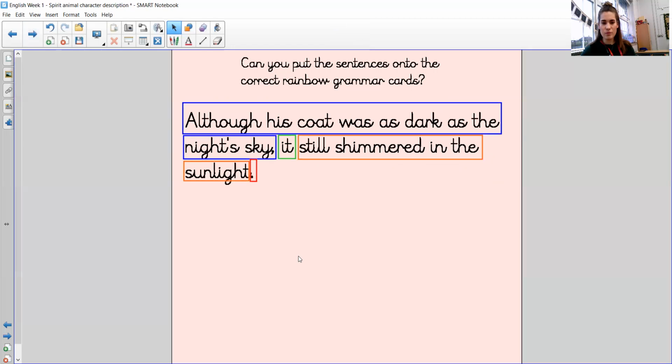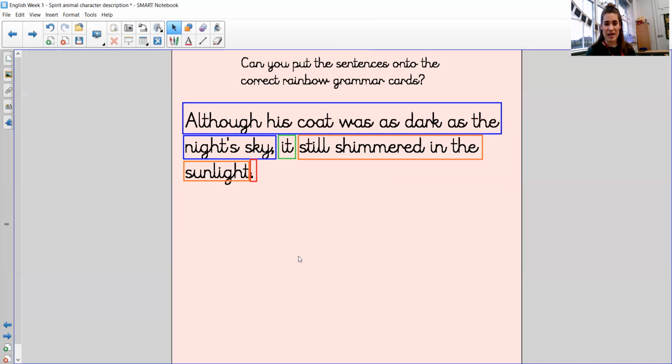Finally then, this one was a bit trickier because this time our subordinate clause was at the beginning of our sentence. Actually, you might find that it's easier to write a subordinate clause at the beginning of a sentence. Personally, I find it much easier to put it at the beginning than at the end. Sometimes it just makes more sense. So we've got: although his coat was as dark as the night sky, it still shimmered in the sunlight.